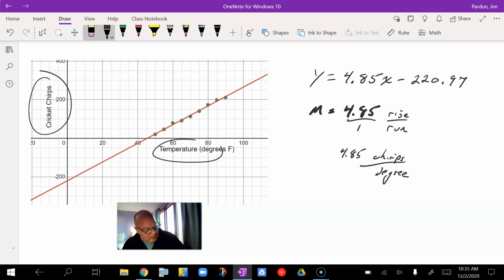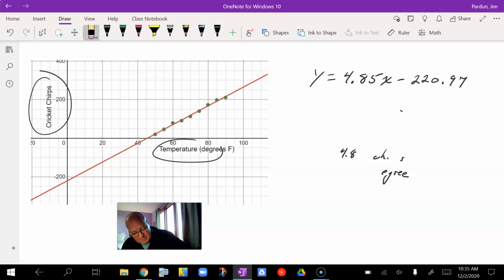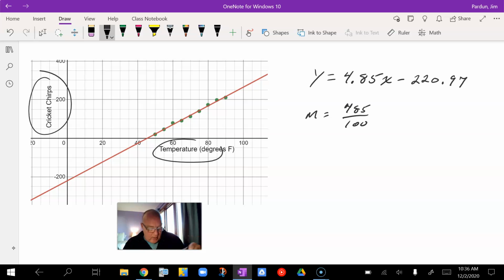So another way we can look at 4.85 is we can say 4.85 is 4 and 85 hundredths. So I can say 485 over 100. And now I can say, okay, since the rise is 485, that's the chirps, and the units here are chirps per degree.